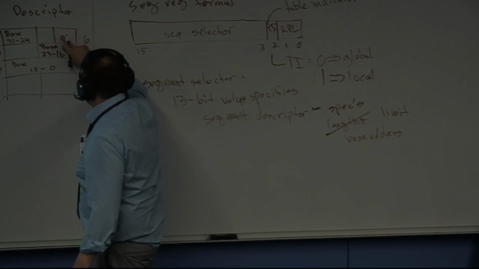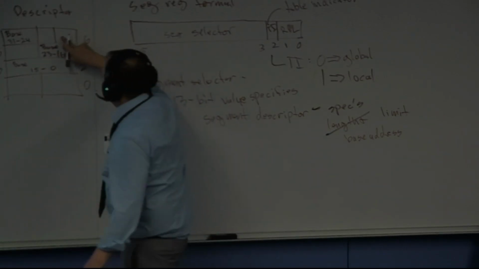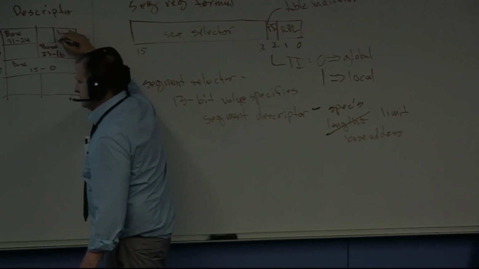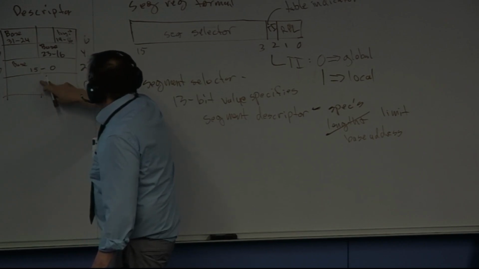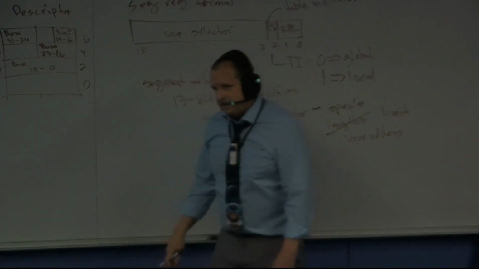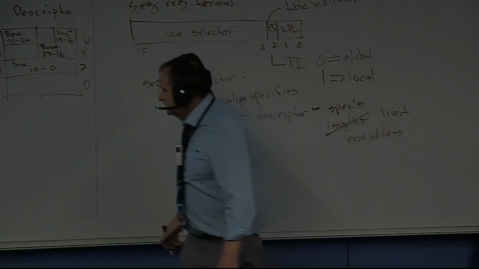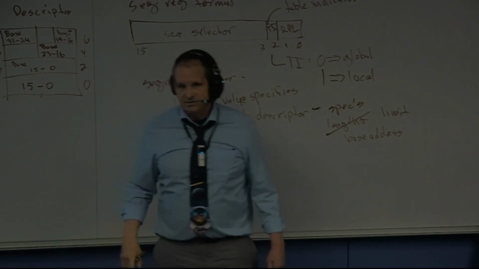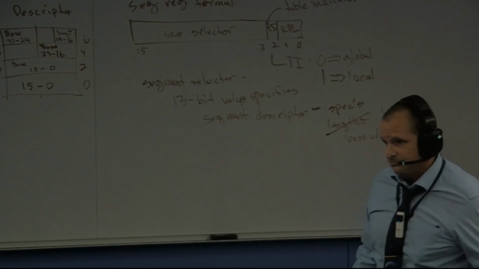It's the least significant nibble of byte 6, limit bits 19 through 16. The other 16 bits are in bytes 1 and 0. You concatenate those 20 bits together, you get the limit.